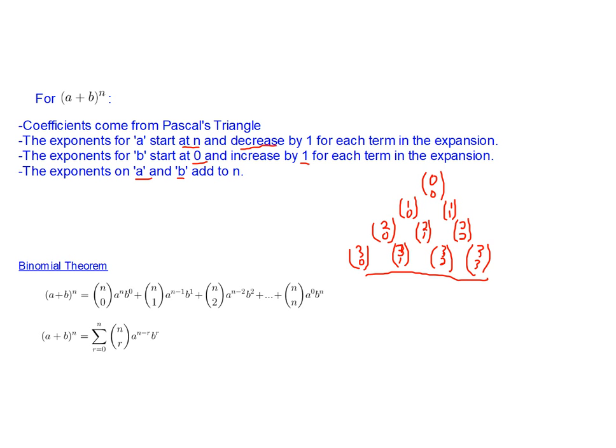And so what the binomial theorem says, the sort of technical definition of the binomial theorem, is that if we have a binomial a plus b raised to the nth power, that's the same as doing n choose 0, because this, well, let's fix that up.